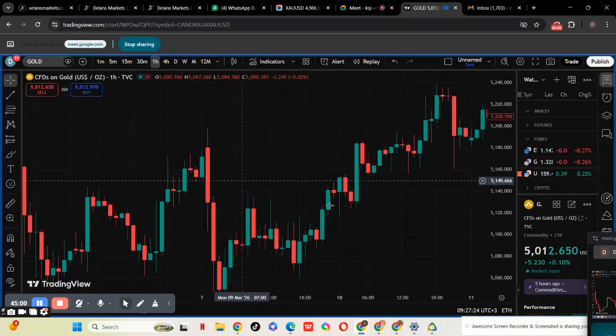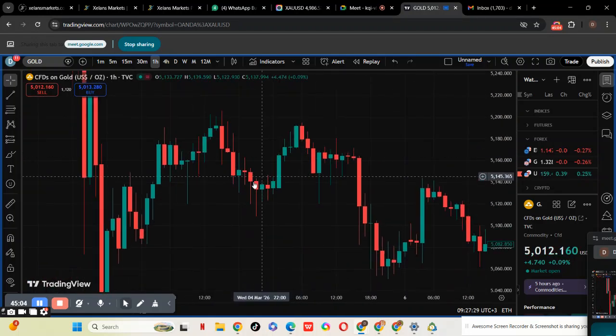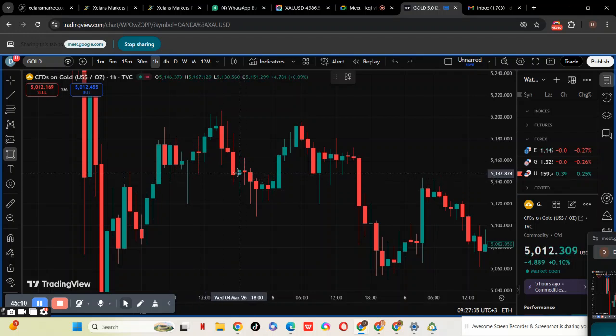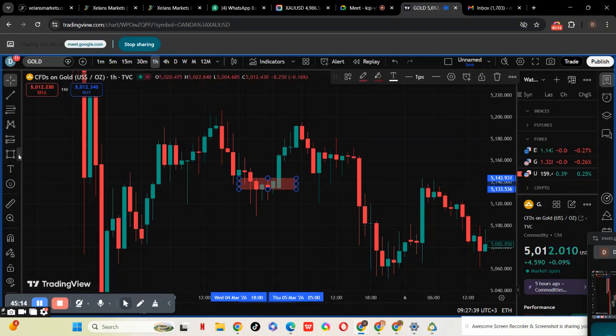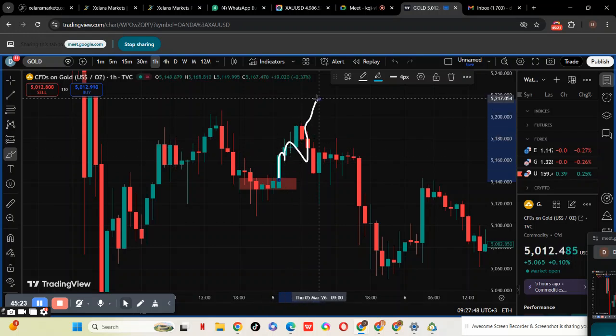then you can now enter and take that trade. Let's identify a very nice consolidation. Look at this one here. Let's say the consolidation started here. What happened after that consolidation? Broke above, confirmation for a buy, then a retest, then the market went up.